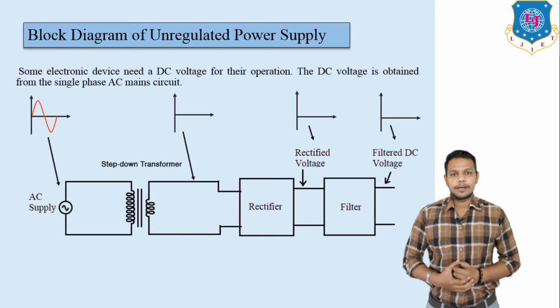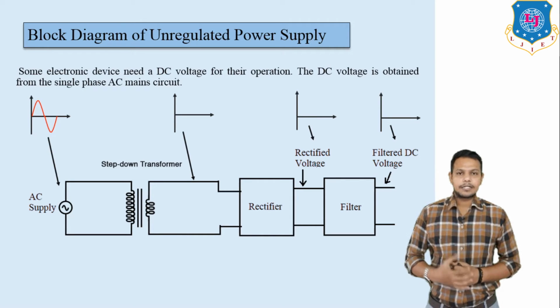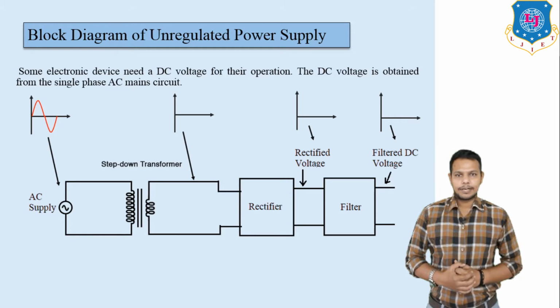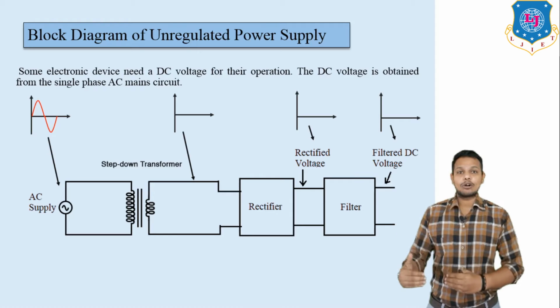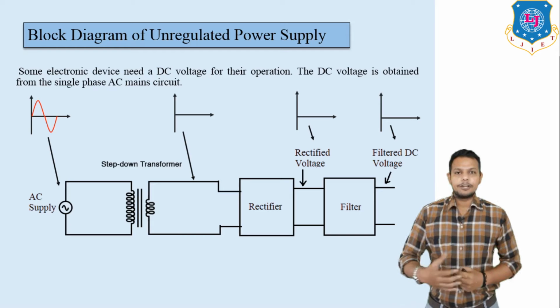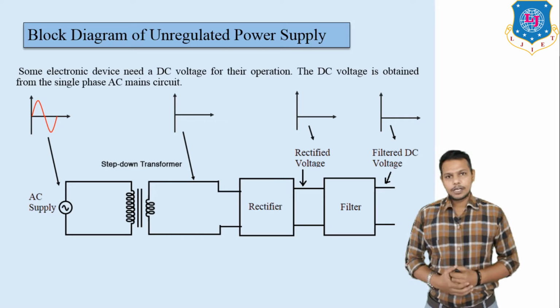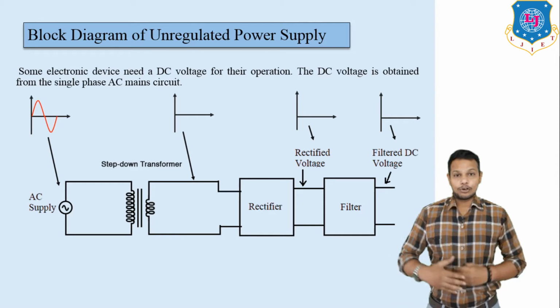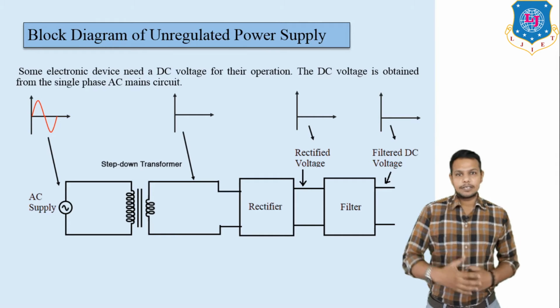What is a rectifier? A rectifier converts AC to DC. This is the first step of conversion of AC to DC. Then after that we have to do filtration of that waveform. This is the unregulated power supply for the process of AC to DC.